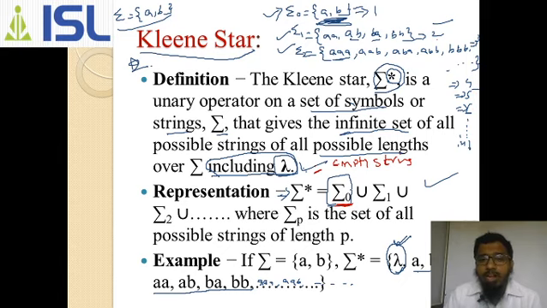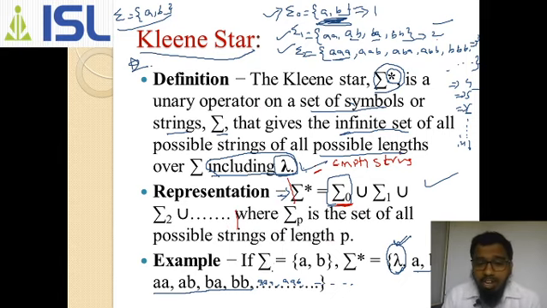So sigma 0 union sigma 1 union sigma 2 union and so on, where sigma p is the set of all possible strings of length p. So this is the Kleene star.